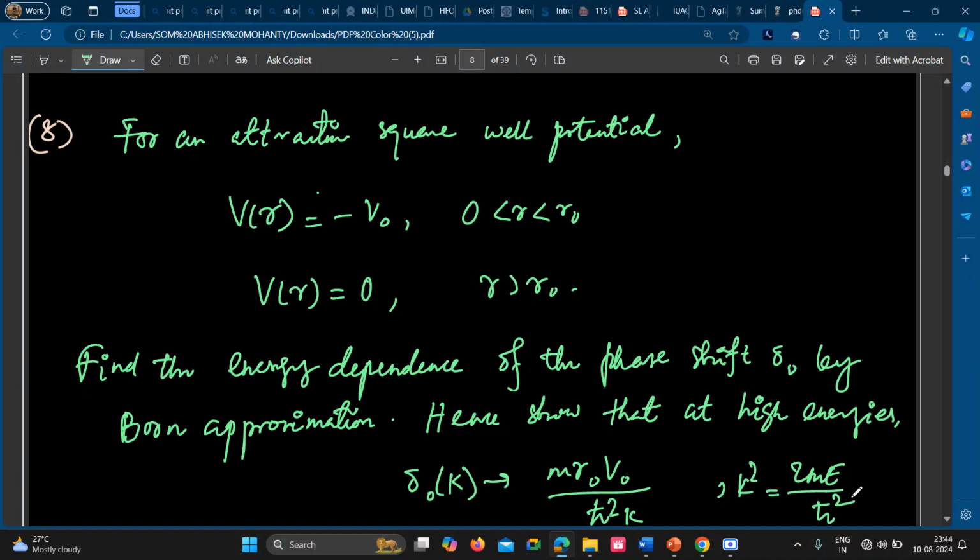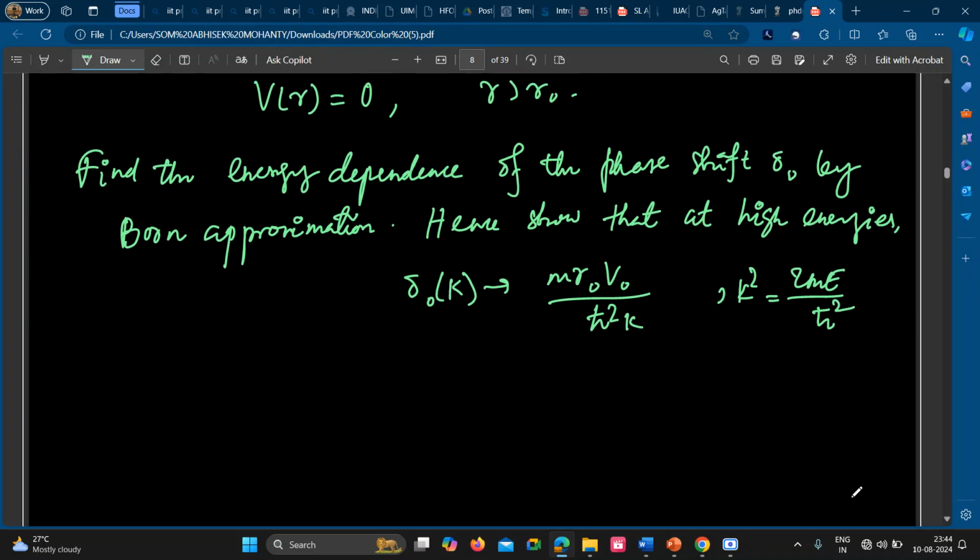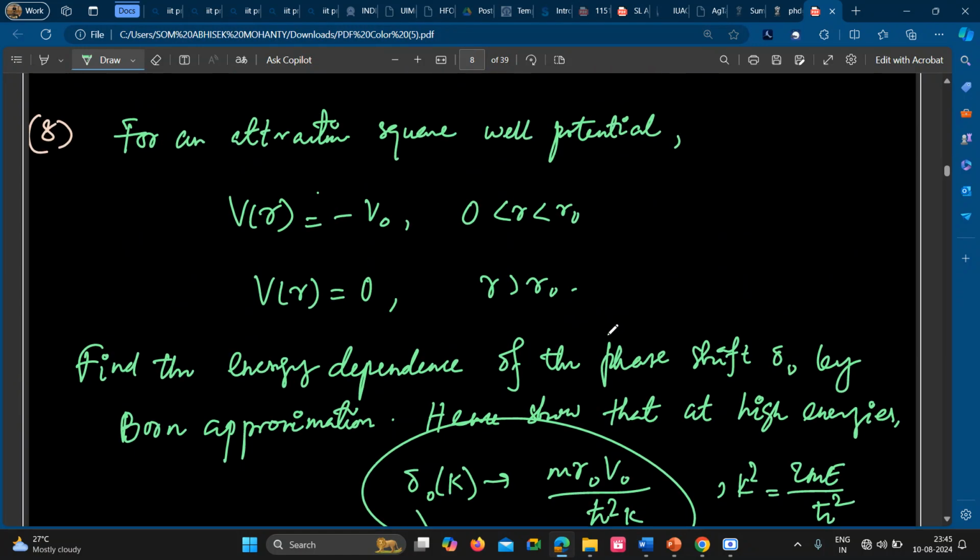This is the question. So here we have to show that delta naught k is equal to this much, and find the energy dependence of the phase shift delta naught. How to approach this question?